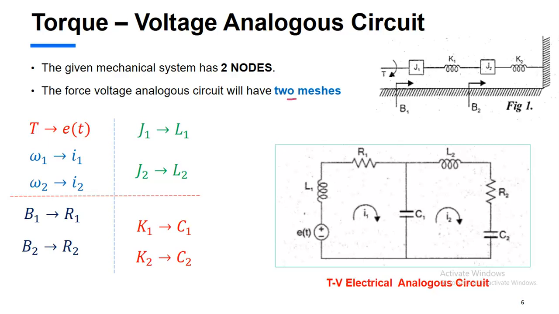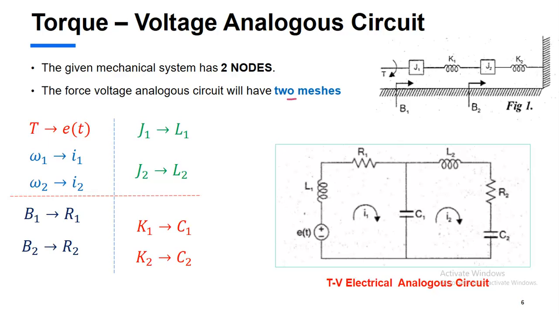Here the input torque is represented by voltage source E of t, omega 1 is represented by I1, that is, angular velocity is represented by current, J1 is replaced by L1, dashpot is represented by R1, and spring is represented by C1.